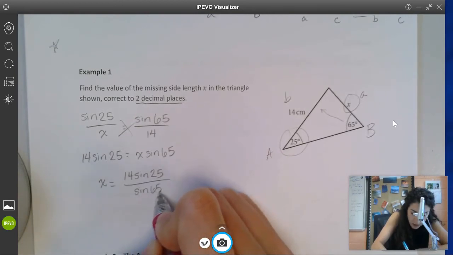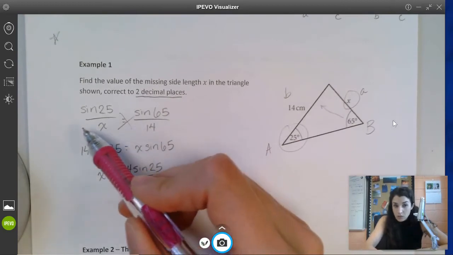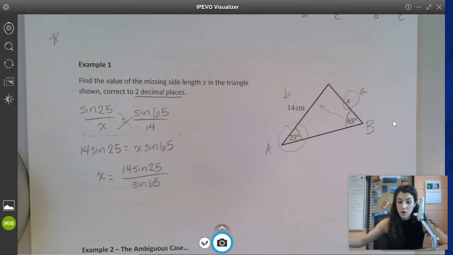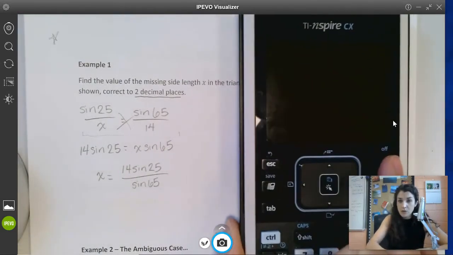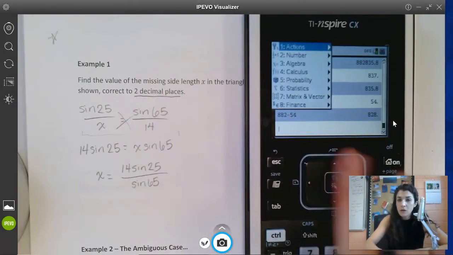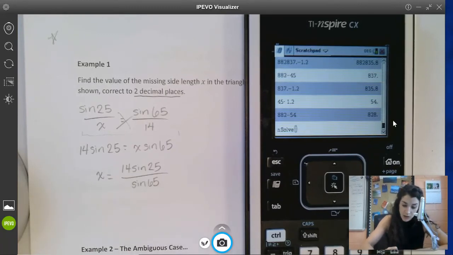And if you put all of that into your calculator, it will give you a value. Or you could plug this original equation into your numerical solve. TI Inspire's numerical solve is menu, algebra, numerical solve, and then do sine of 25 divided by x equals sine of 65 divided by 14, comma, x.